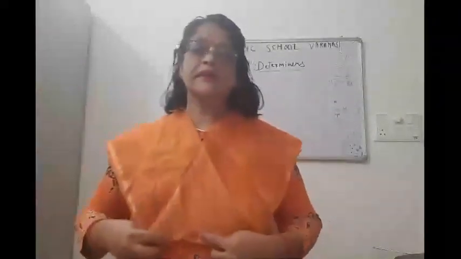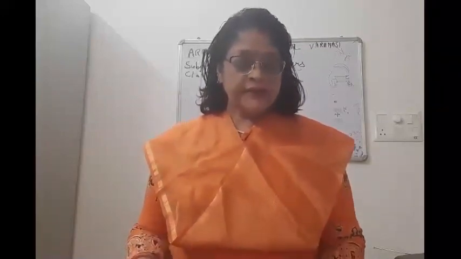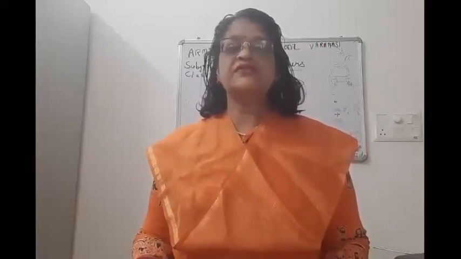Children, determiners are of many types like a, the, my, this, some, many. For example, he is a good boy. Boy is a noun and good is an adjective, and here we are using the determiner a. Then, this novel is very interesting.